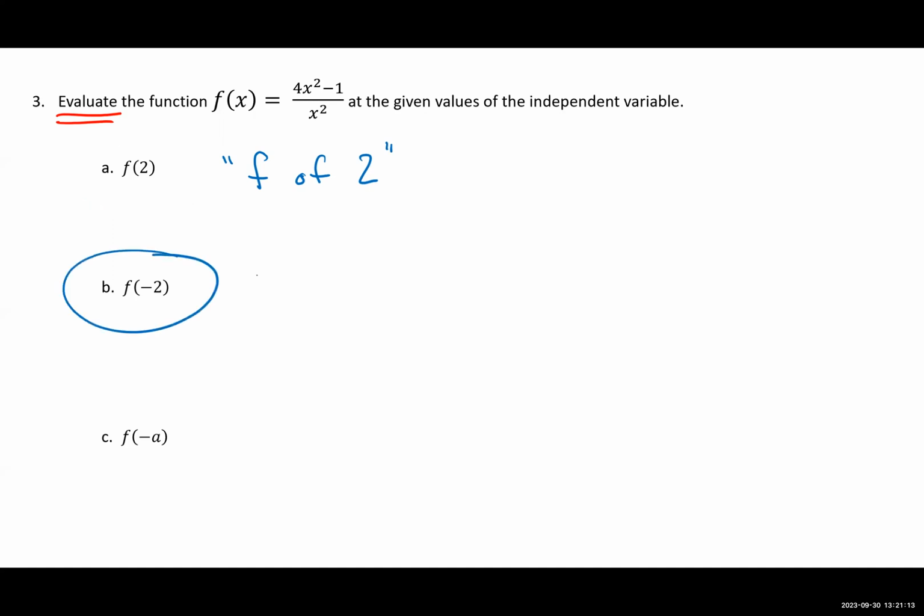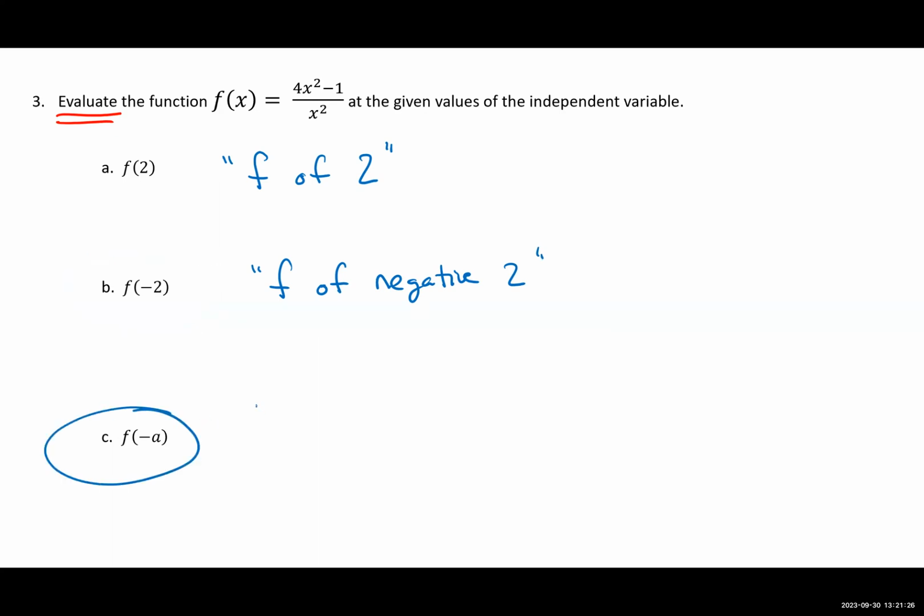Down here, in part B, this is read f of negative 2. And this third one, this is read f of negative a. In each of the three cases, we're doing the same thing. We're taking what's in the parentheses and replacing that for the variable x. So let's go part A, do that one first.